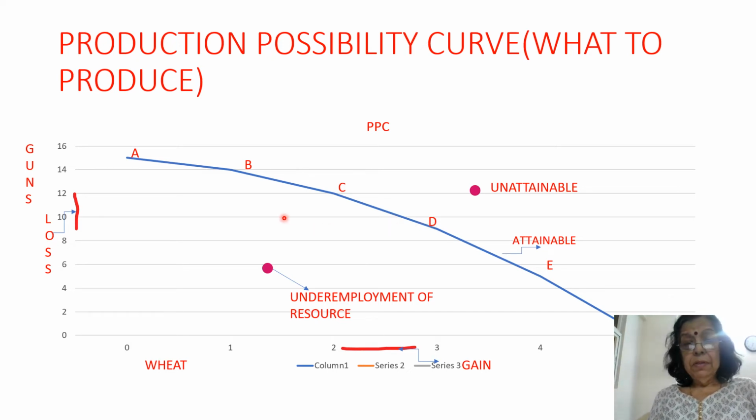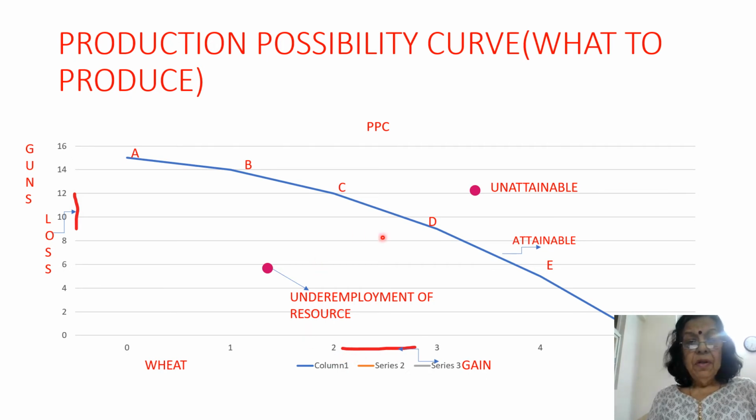For example, if we think the economy is here, on point C. So production of wheat is 2 and here production of guns was 12. It is in thousands and lakhs, you know that. Now, the economy wants to increase production and come to point D. So this amount will be a gain of 1 unit.